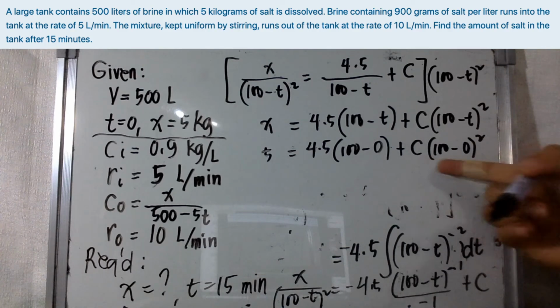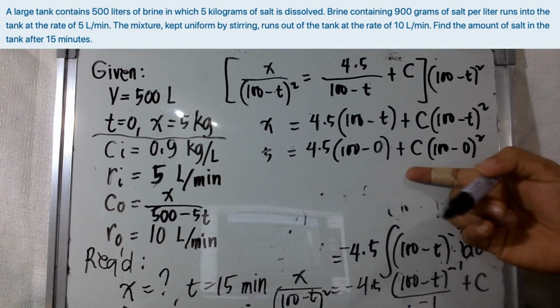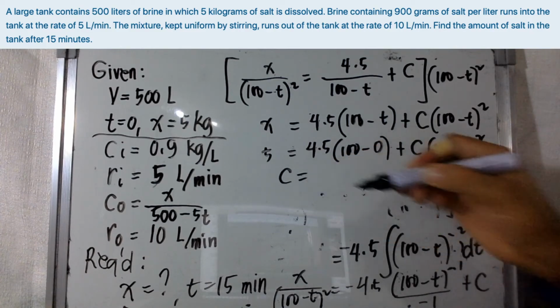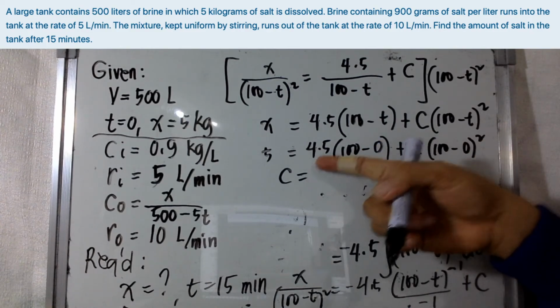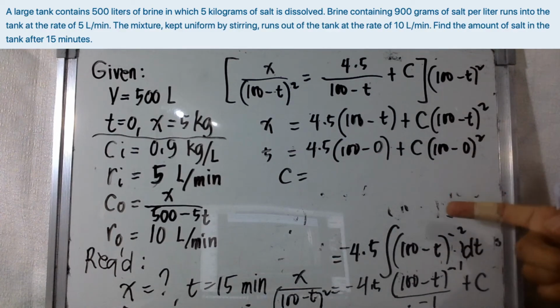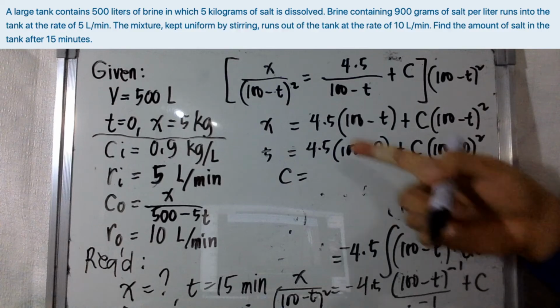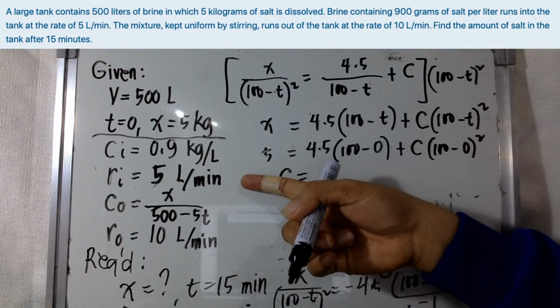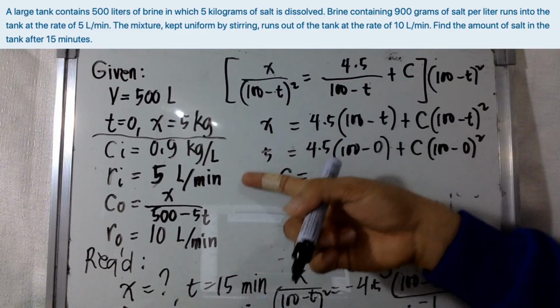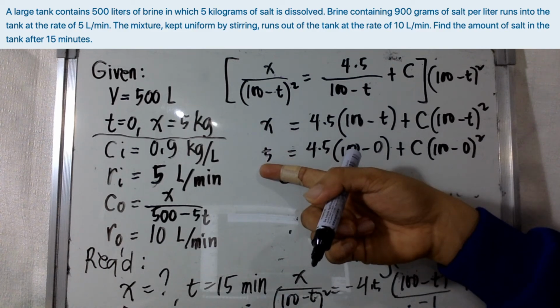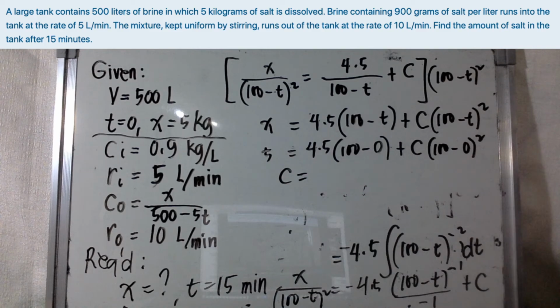Okay, so we solve for c using our calculator. So 4.5 times 100, and that is 450. Transpose, this will become negative 450. Negative 450 plus 5 is negative 445.